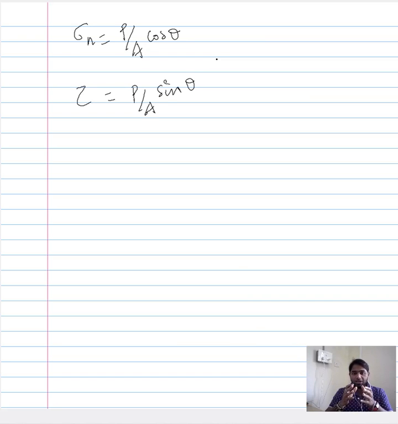Now, based on these results, we considered a 3-dimensional setup and a uni-axial tensile loading. A critical point we need to remember is that these stress conditions exclusively pertain to uni-axial tensile loading.